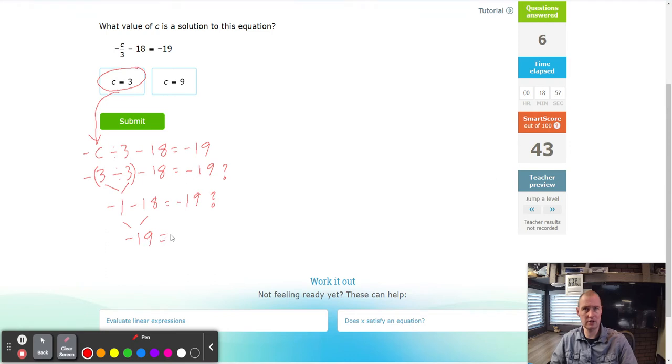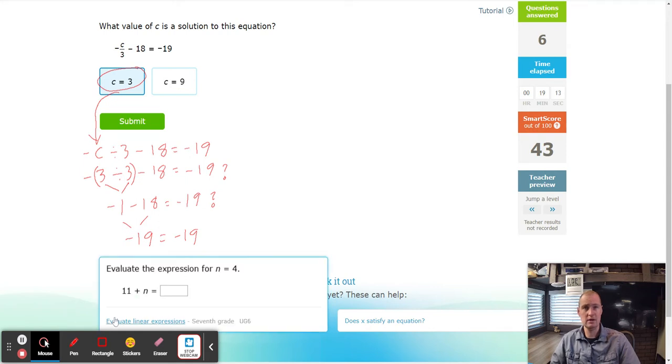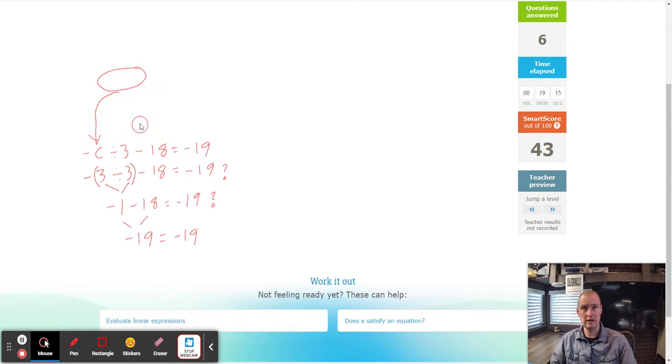So in this particular situation, negative 19 equals negative 19 does work. So careful on that. You spend $1, you spend $18, spending twice gives you a lot of spending of negative 19. And therefore that's the one we want. So we're going to go with c equals 3 because negative 19 does equal negative 19. Came out nice. All right, let's turn that in.